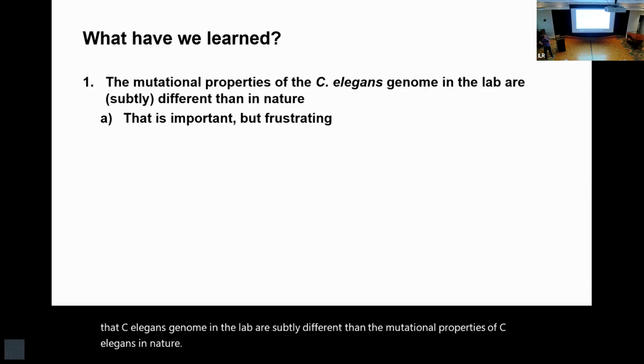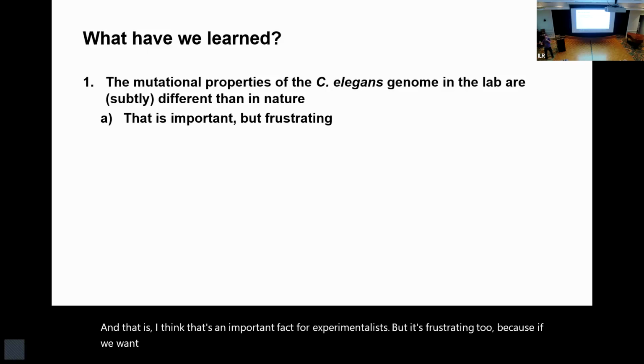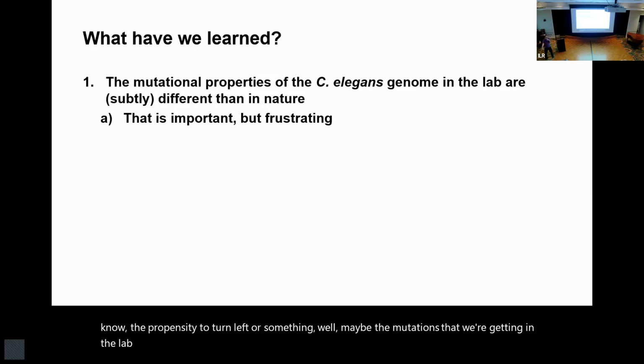I think that's an important fact for experimentalists, but it's frustrating too, because if we want to collect mutations in the lab and then measure the phenotypic variants for, I don't know, the propensity to turn left or something, well, maybe the mutations that we're getting in the lab aren't reflective of what we're getting in nature, and that could be troublesome.